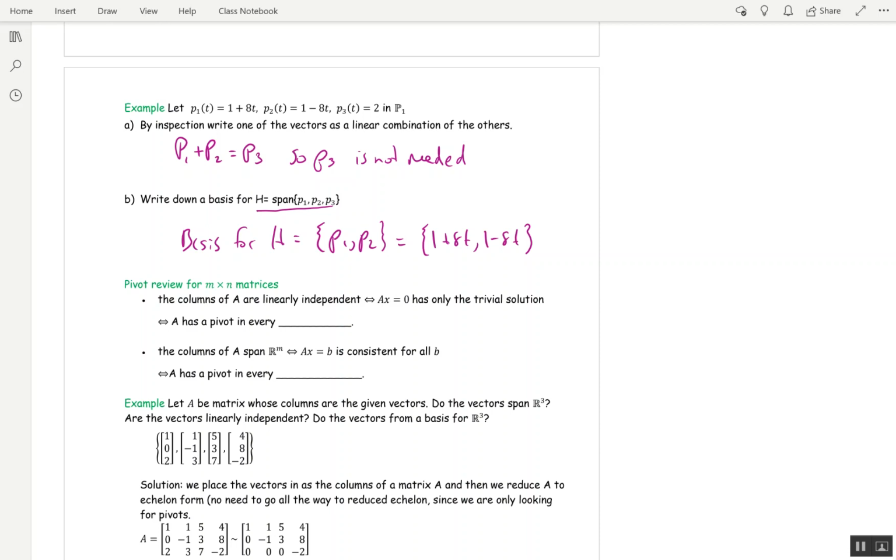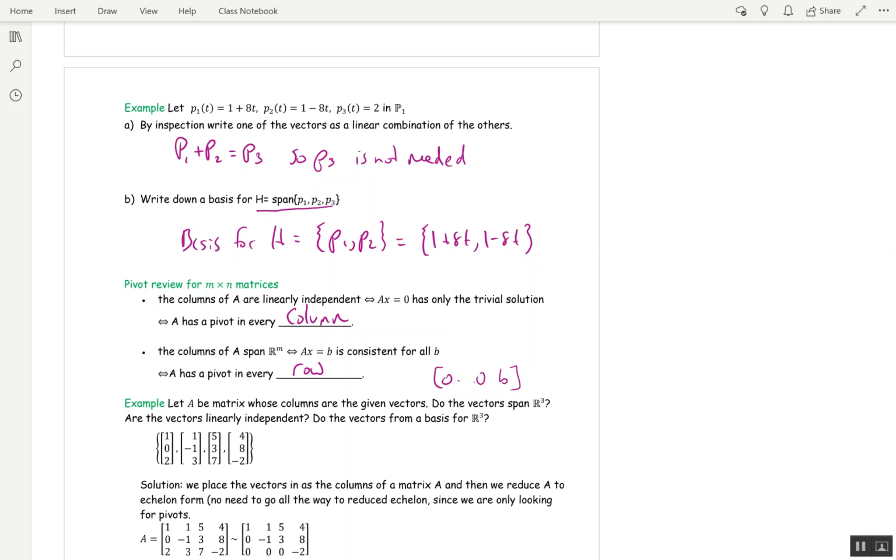All right, A has a pivot in every column, because you don't want any free variables. Ax equals b is consistent for all b if A has a pivot in every row, because then you won't get a row that is all zeros with a b at the end when you augment A.